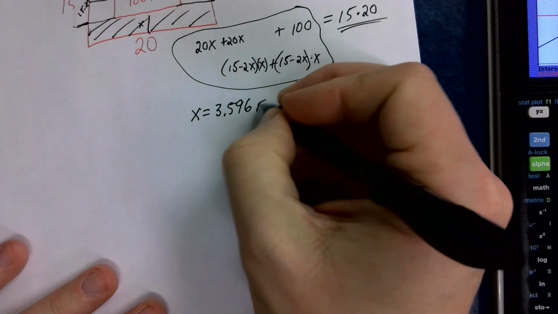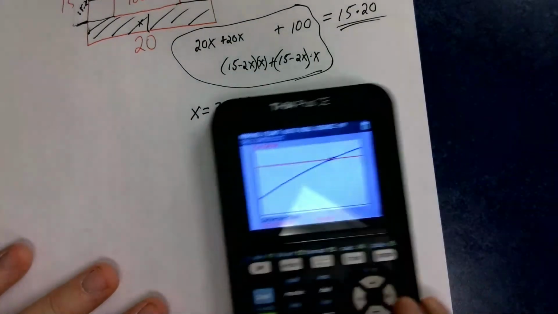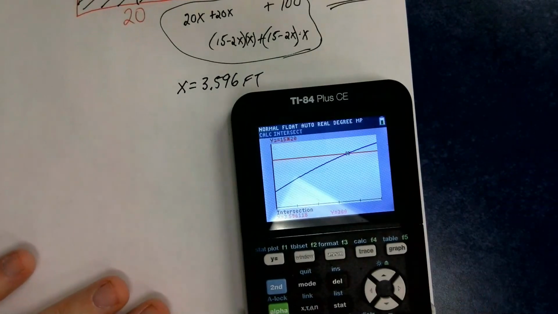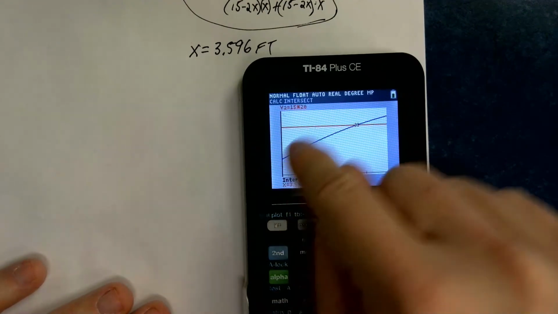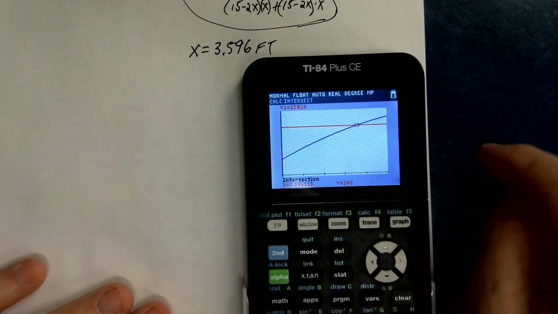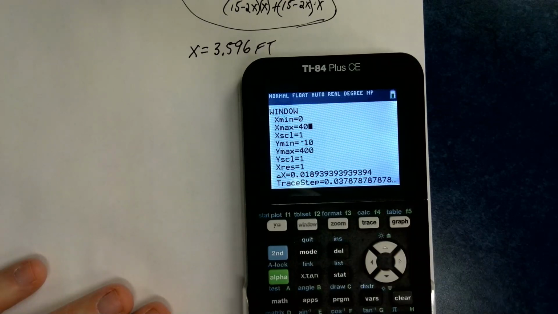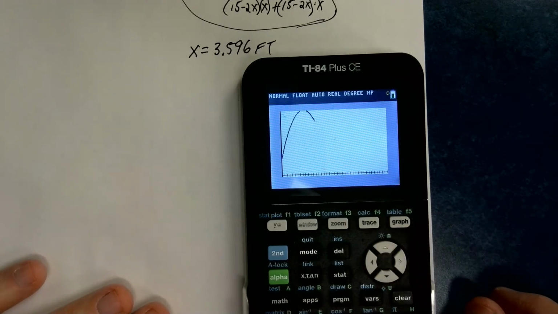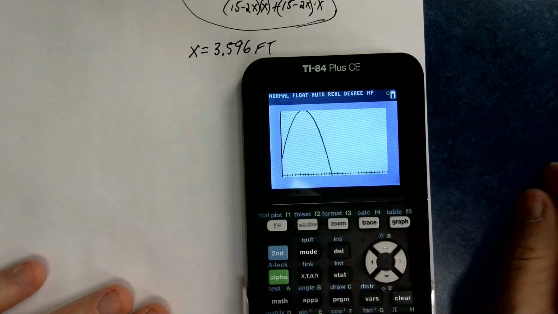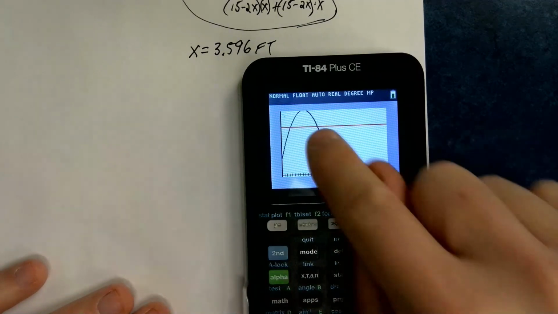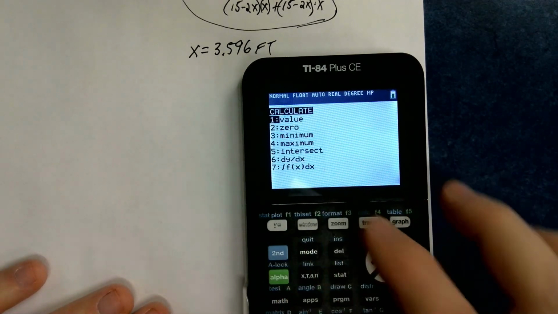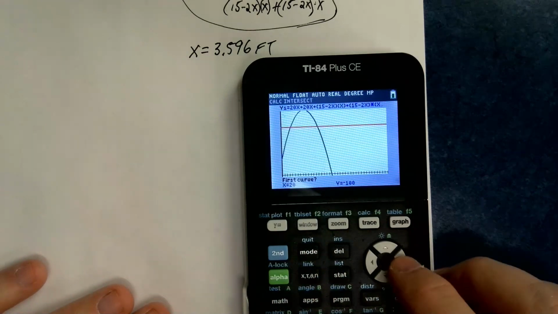But then I take a little break, and I'm like, man, that curve's going back down again. So maybe there's something way over here. Let's do x is 40. There was another one over there. So I should probably find out what that one is. Second trace, number 5, intersection.